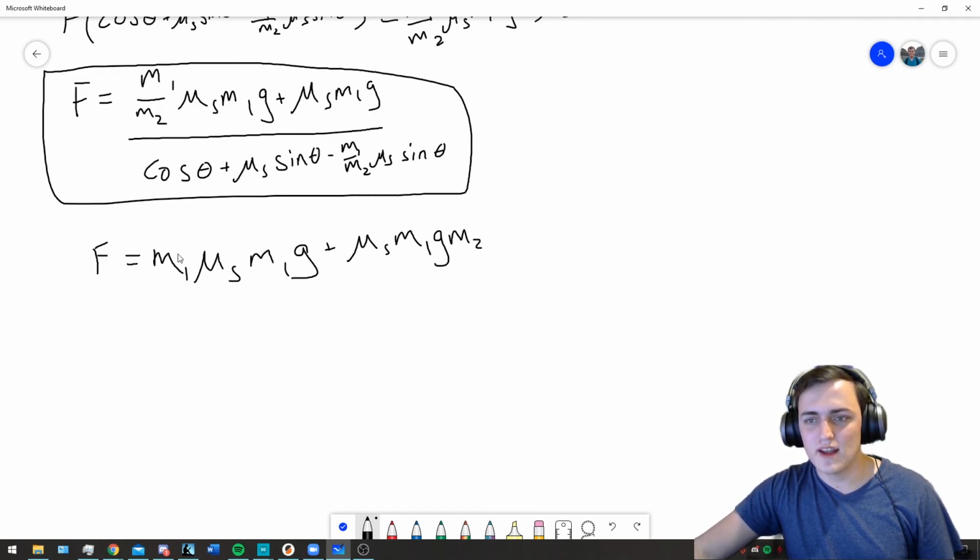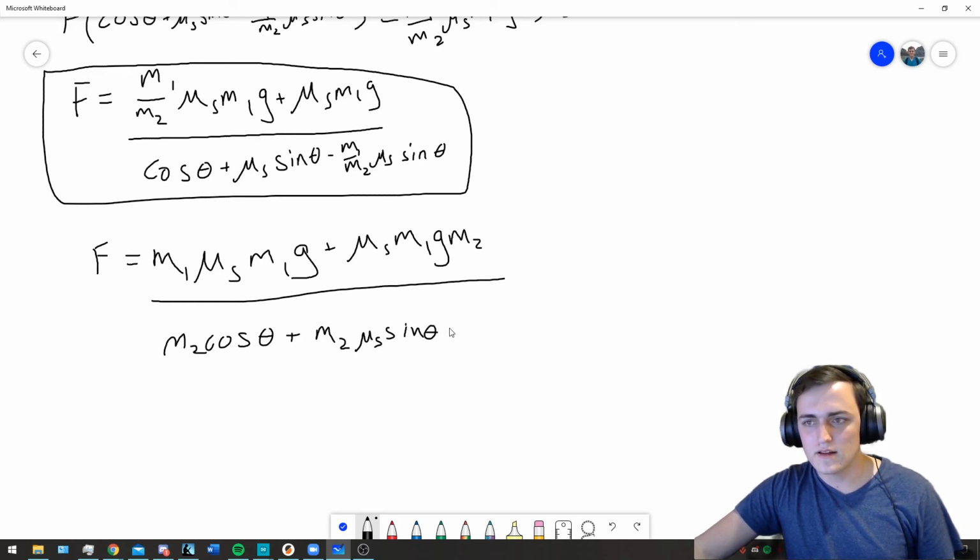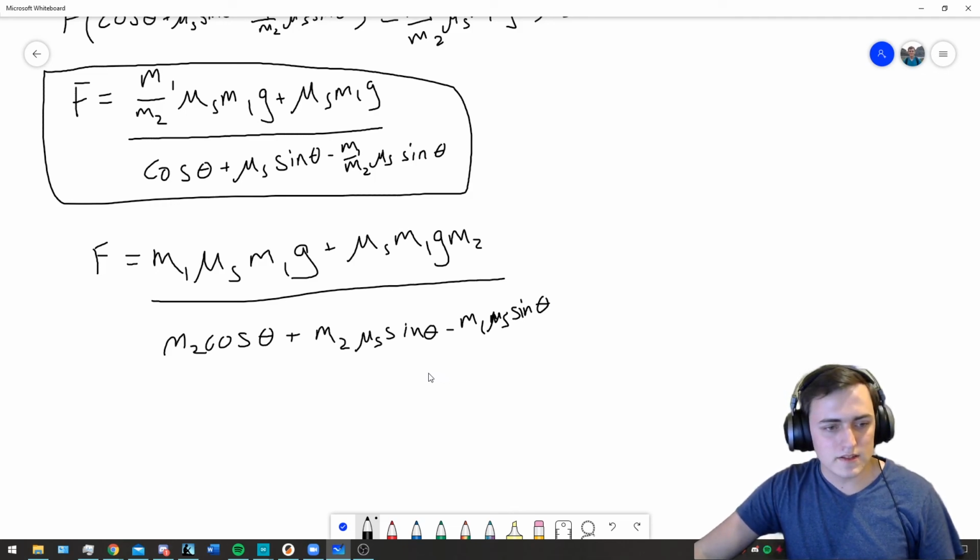And so in the first term, it cancels out the m2, and we no longer have a division by m2. And in the second term, we just tack the m2 on the end. m2 cosine theta plus m2 mu sub s sine theta minus m1 mu sub s sine theta. This denominator can be simplified a little bit further.